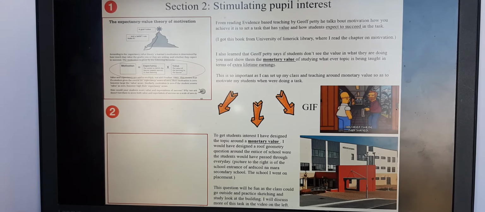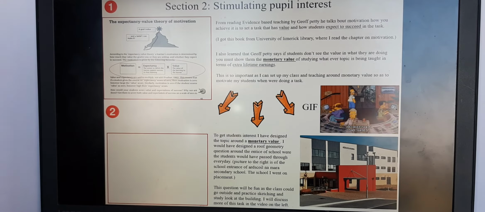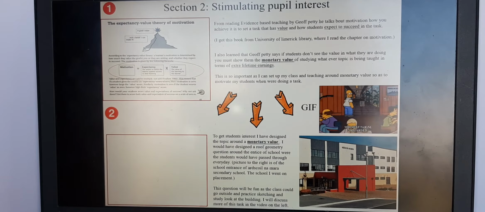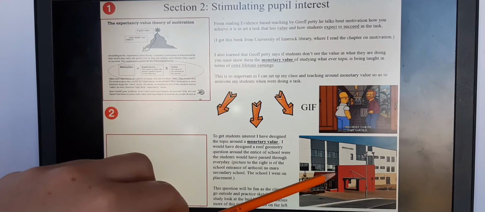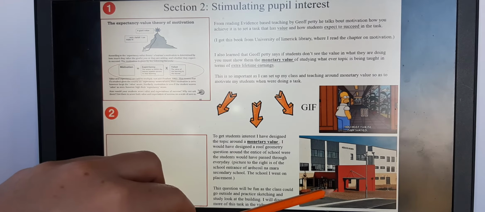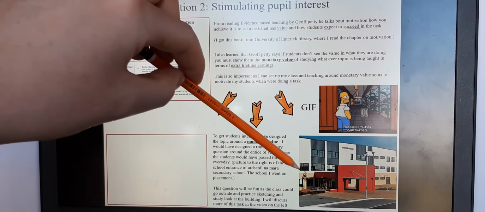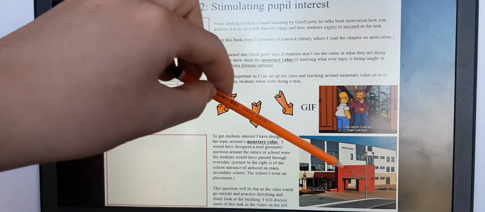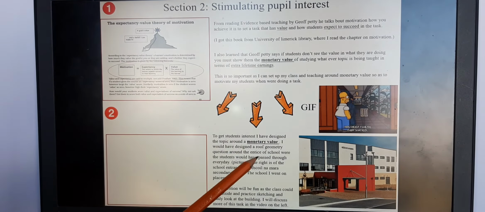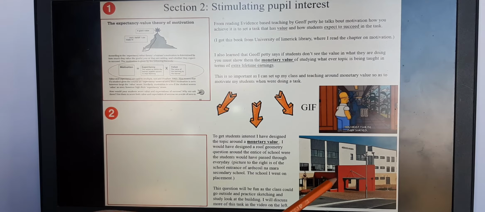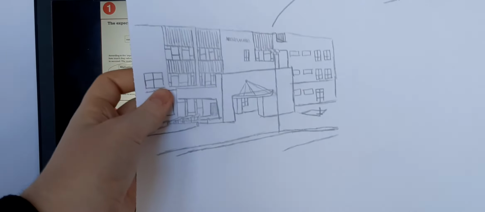So I've created a task based on my placement in Art College March Moore, where I walked through this entrance every day. The construction room was actually on the other side of the building, but I thought of creating a task about the roof geometry of the entrance, which I sketched out right here.